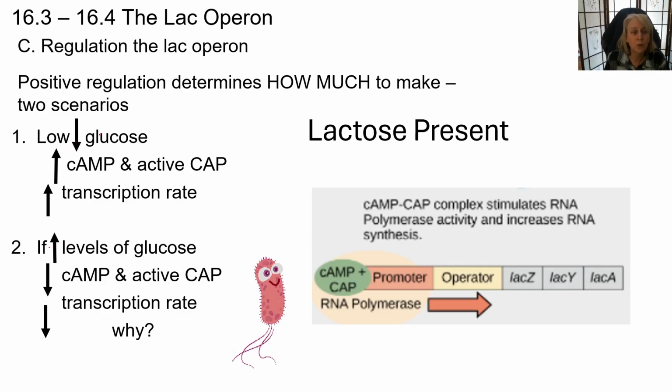If there's low or no glucose, my cyclic AMP is being made by adenylyl cyclase because glucose is not there to inhibit it. My CAP is active because I have a lot of cyclic AMP binding to that catabolite activator protein, and so my transcription rate is much higher. In this case, as soon as you have lactose, you now have to ask the question, how much should I make?